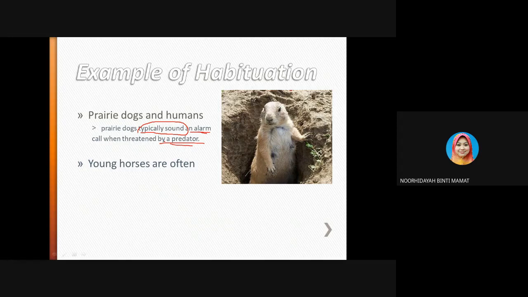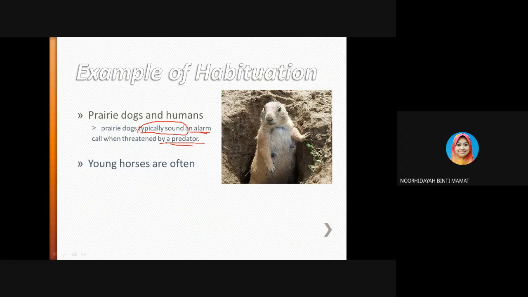But they can become habituated, like gradually becoming habituated to the sound of humans. Here we take the predator as a human. So the prairie dogs gradually become habituated to the sound of human footsteps as they repeatedly experience that the sound of footsteps is followed by nothing bad happening.